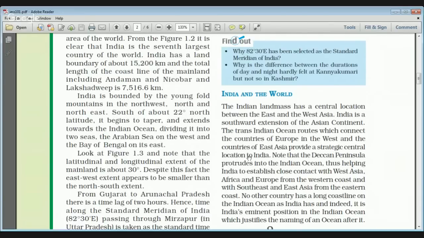So India's total coastline covers the seven states which lie on the east and west sides of India, known as the coastal states: Gujarat, Maharashtra, Goa, Tamil Nadu, Kerala, Andhra Pradesh, Odisha. The coastline of all these states, plus the coastline of Andaman and Nicobar, as well as the coastline of Lakshadweep Islands.